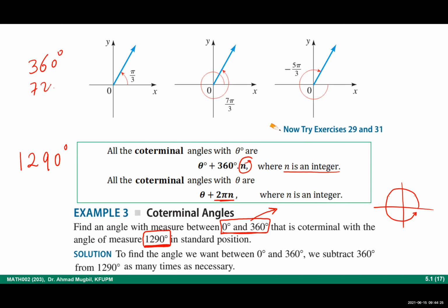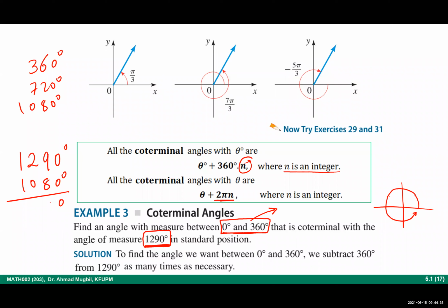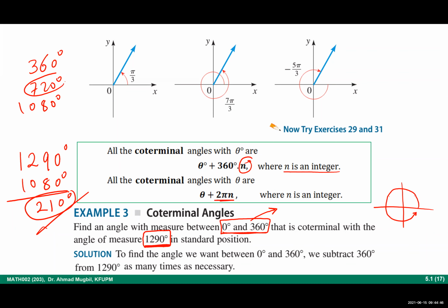These are the multiples of 360. So I think here it is practical to subtract 1080 degrees, 3 times 360. So we will get 0, 1, and 2. Is this between 0 and 360? Yes. This is what we are looking for. Of course, if you subtract only this one, you will not get an angle between 0 and 360.